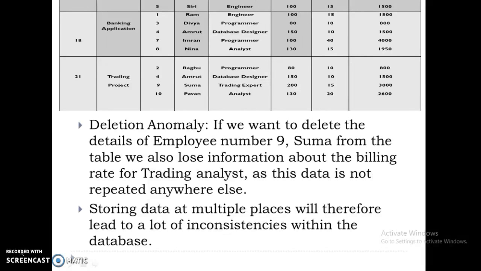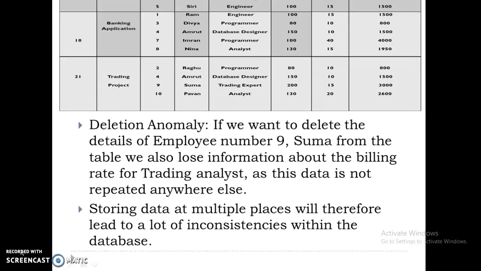Another kind of anomaly that might occur in structures like this is a deletion anomaly. A deletion anomaly is typically when trying to delete one piece of information unknowingly leads to the deletion of other associated information. For example, let us take the case of employee number 9, who happens to be a training expert working on project number 21.